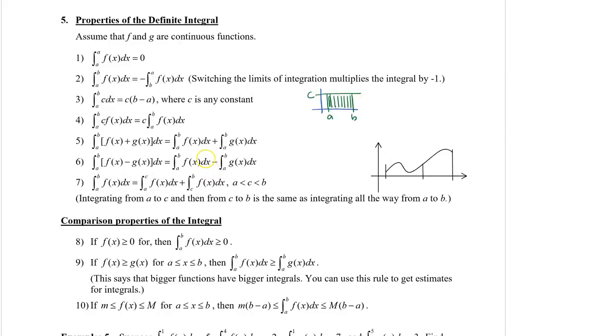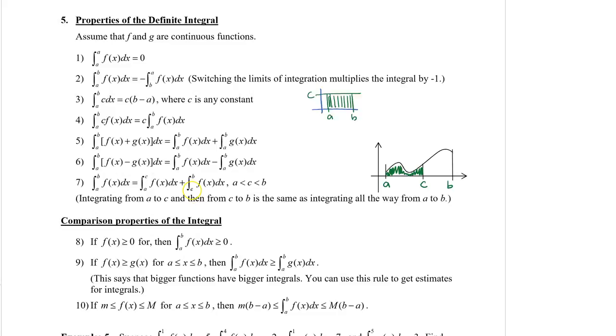The seventh property states that if I integrate a function from a to b, that's the same as integrating from a to c and then adding that from c to b, where c is a number between a and b. So let me show you how this works pictorially. We have a, c, and b on this graph. The first part says that if I integrate from a to c, that would be this area underneath the graph here.